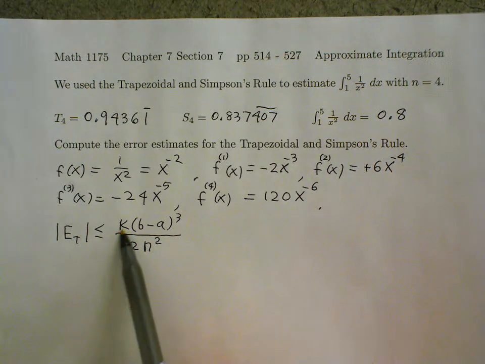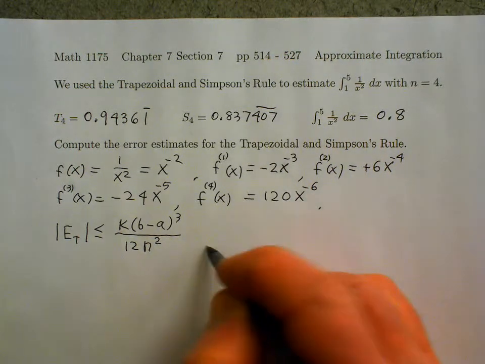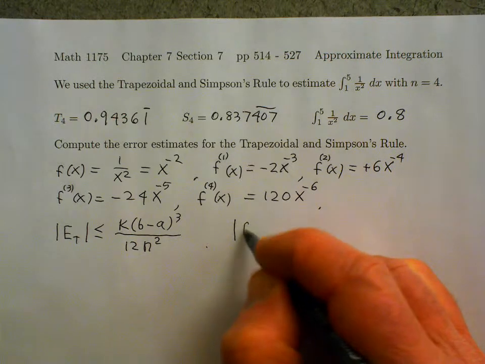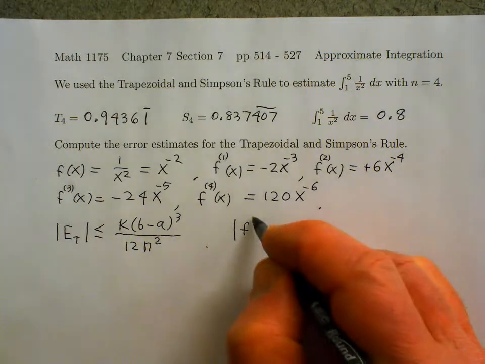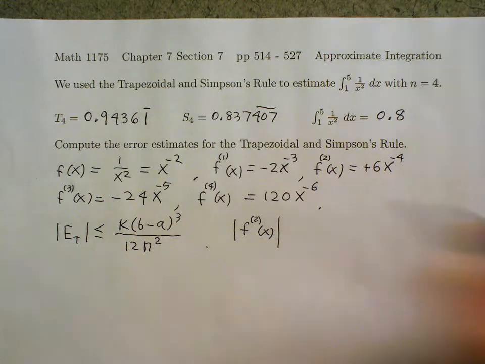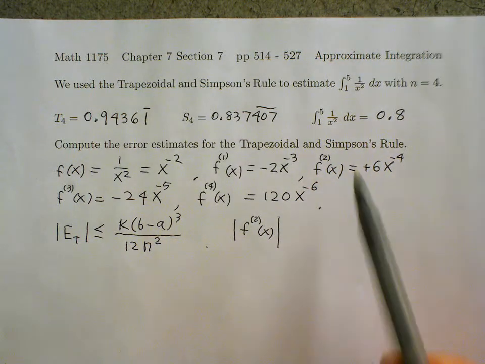And k for the trapezoidal rule is the largest value that the second derivative of f can be on the interval from 1 to 5.